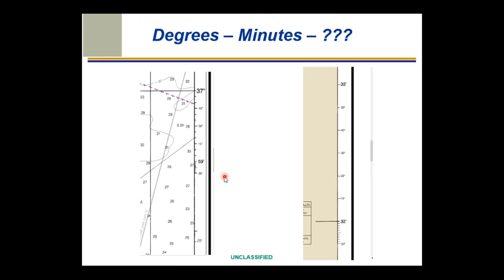Just like with the previous example, we do have the individual seconds broken out somewhere on that scale, allowing us to be very accurate. But anytime there are more or less than 10 ticks between each minute of latitude or longitude, those charts can only be used as degrees, minutes, seconds.